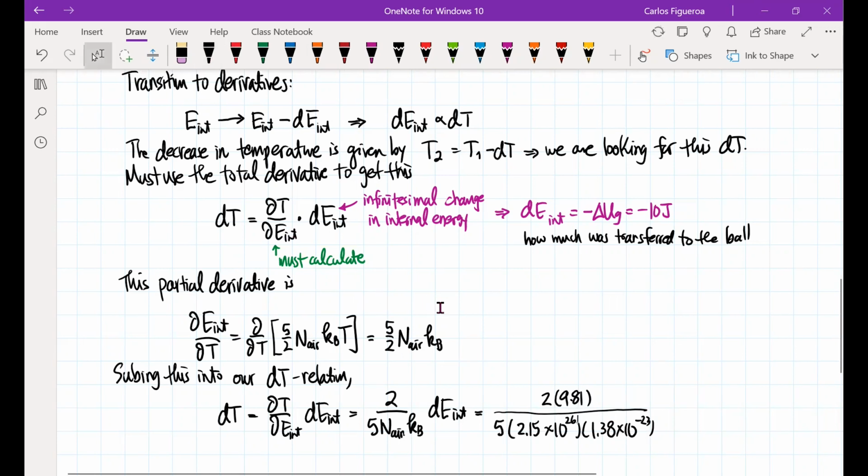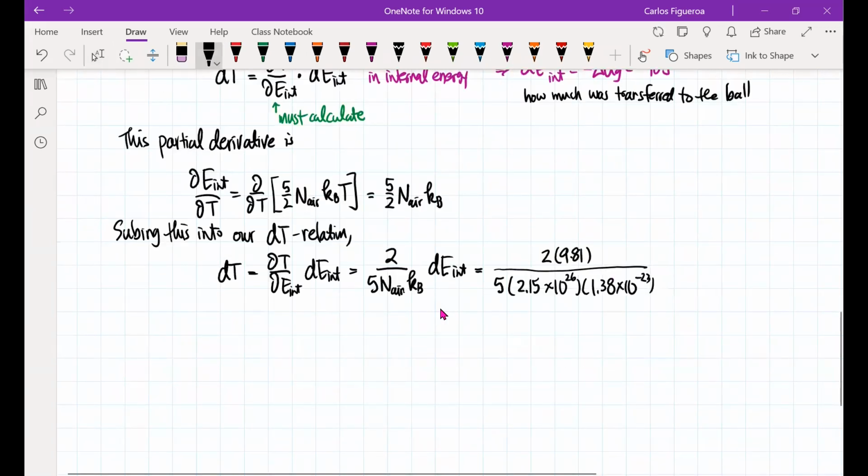And so when you compute this number, we get a value that reads minus 0.0013 Kelvin. And you could see that this is an infinitesimal decrease in temperature. Well, that's not the way we defined it, so I'm going to keep that with the plus sign.